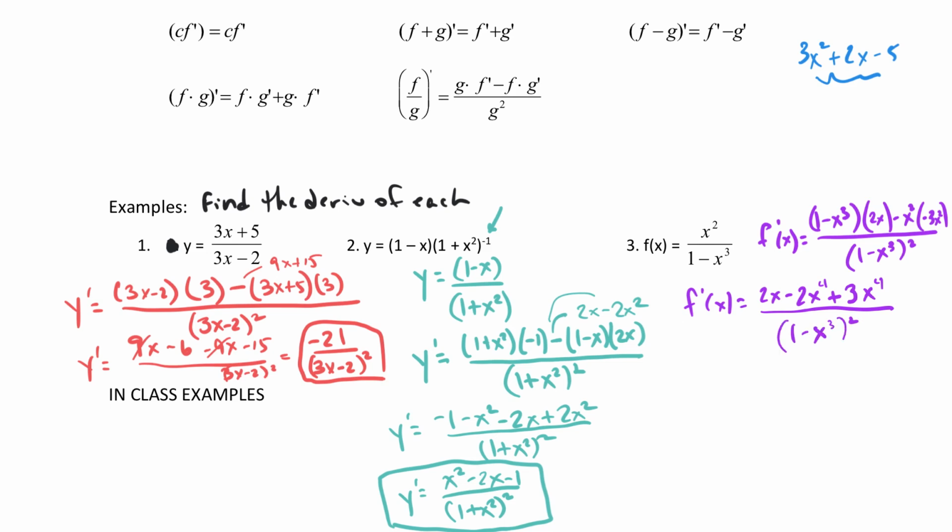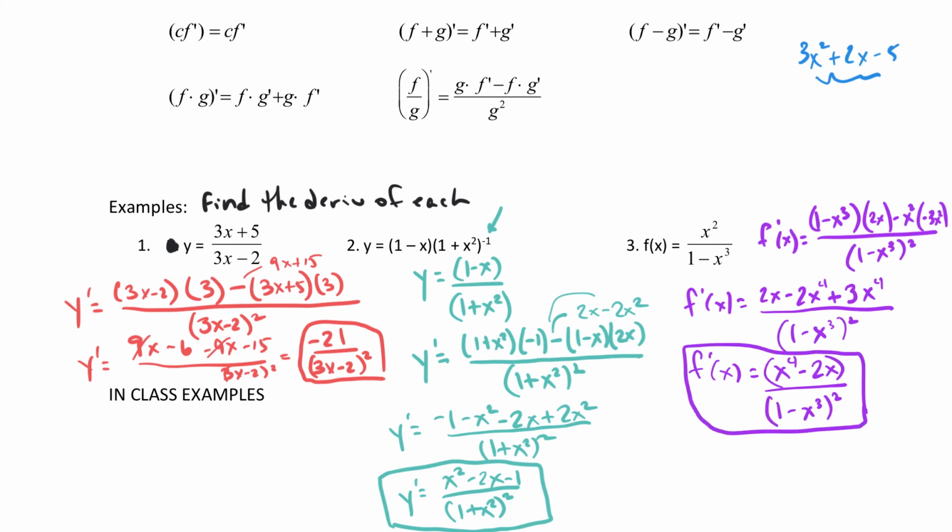Okay, now combining like terms, f prime of x will end up being x to the fourth minus 2x all over the, you could take an x out, but that's not going to matter because there's nothing I can reduce it with on the bottom. So that is the derivative there.